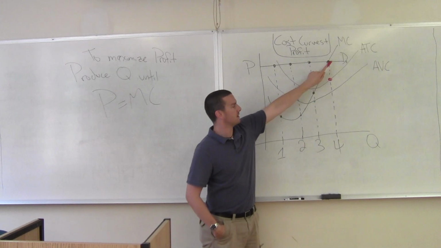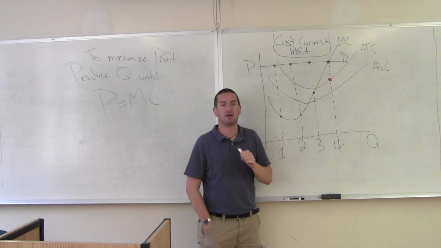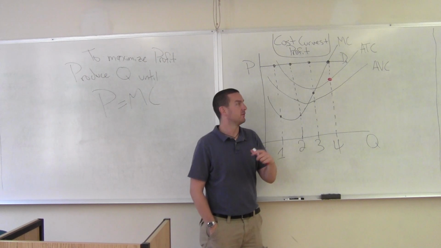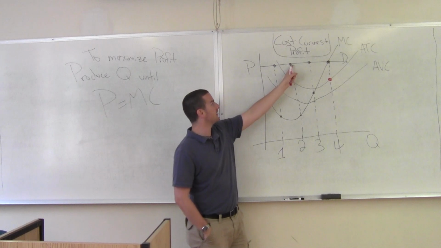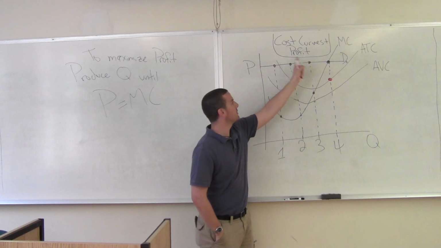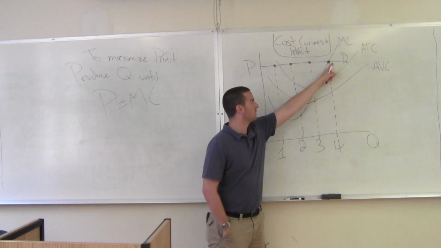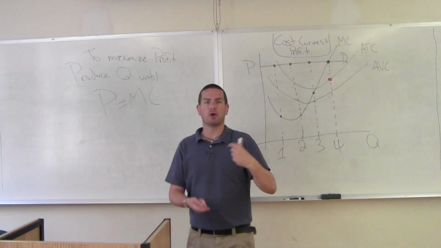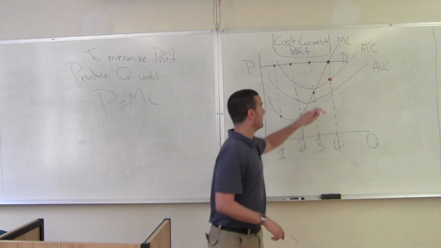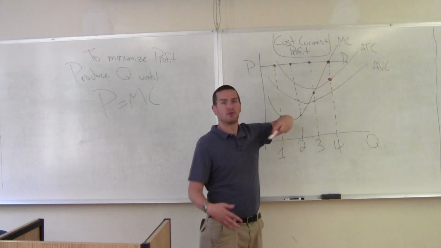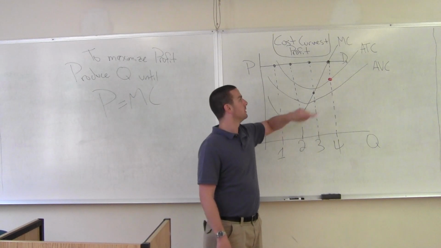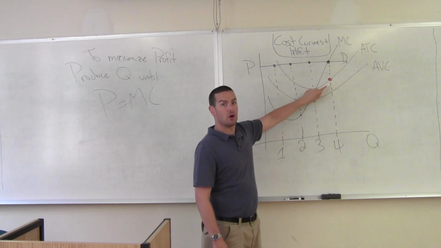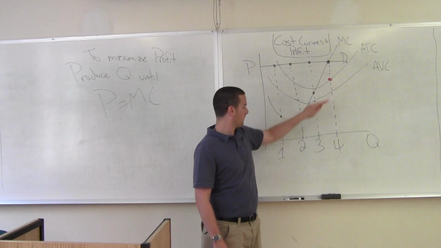But this is the price that you are earning for each unit, right? For the first unit, you got that price. The second unit, you got that price. The third unit, you got that price. And the 4th unit, you received that price. So your marginal revenue is up here, because marginal revenue is equal to price, but your average total cost is right here.